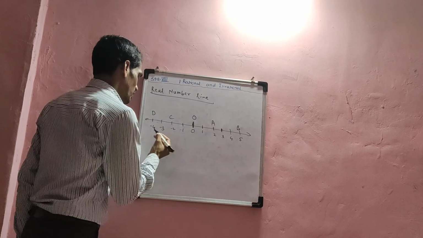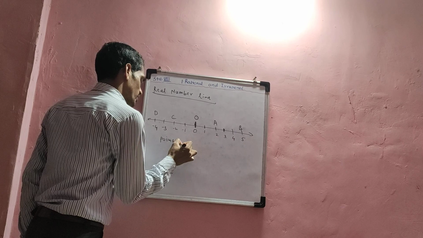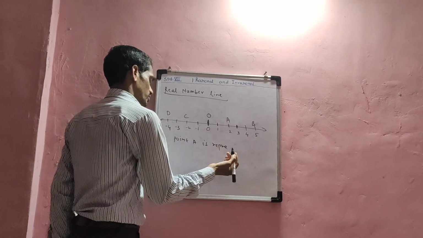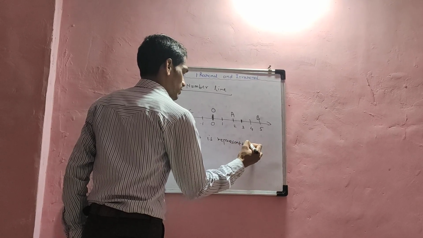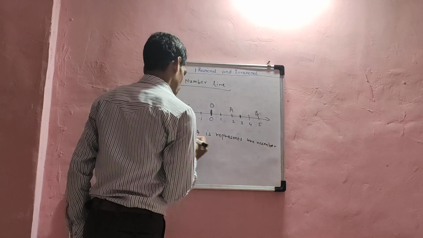So the answer is, number 2 is represented by point A. Okay. So point A represents the number 2.